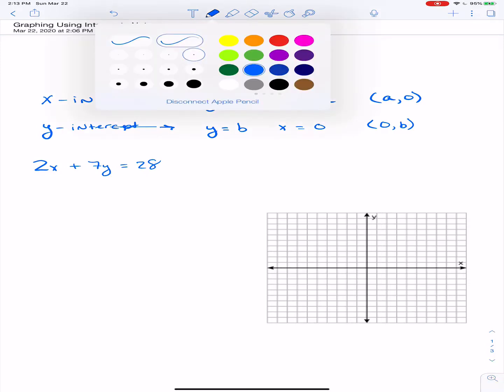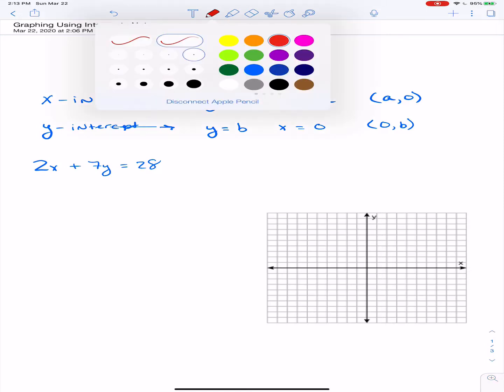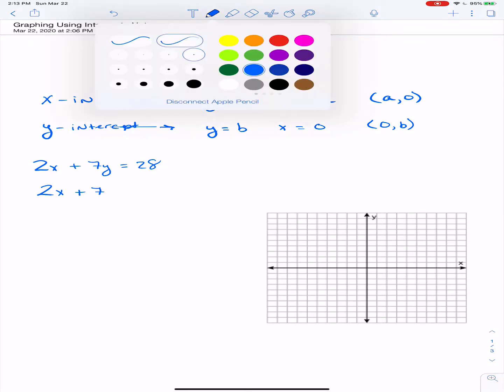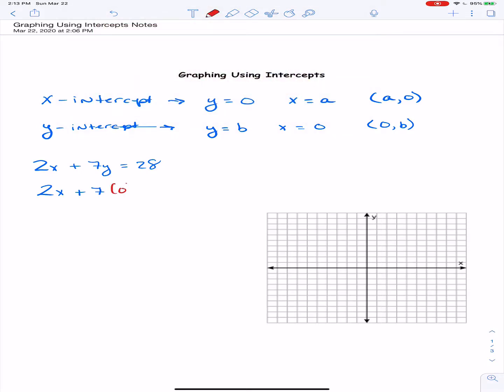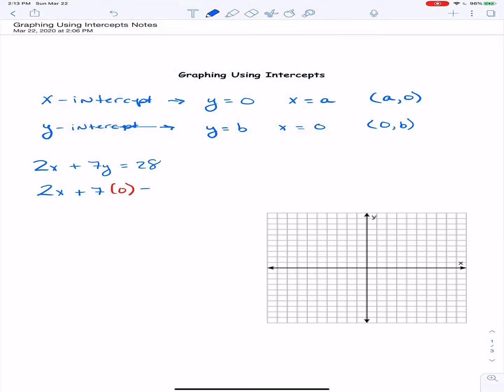Remember what I said, when we want to find the x-intercept, I want y to be equal to 0. So in our equation, I'm going to take 2x plus 7 and I'm going to make y 0. So 7 times 0. And then I'm going to solve for x.